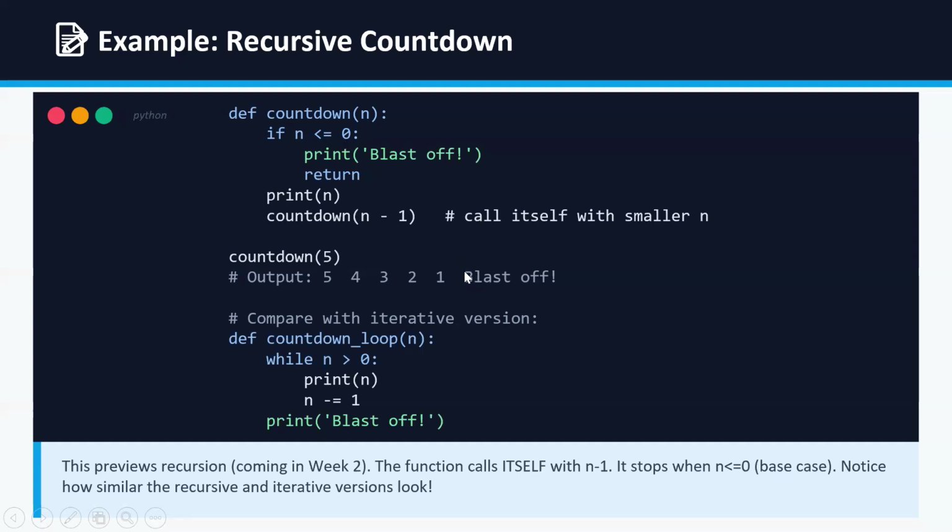If it is, what should it do? Print blast off and return. Return will break out of the function and go back to the calling function.